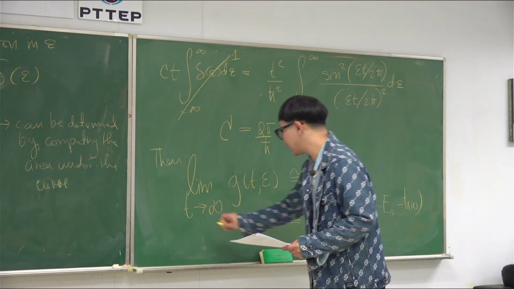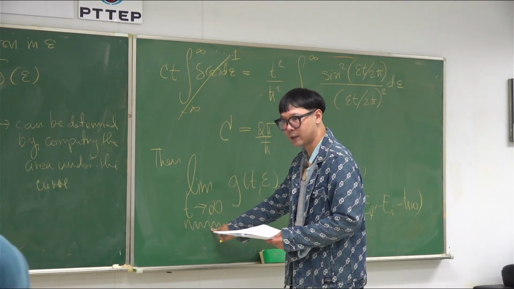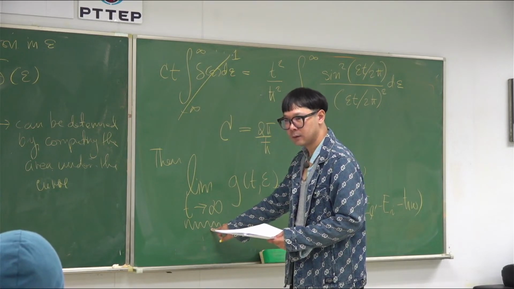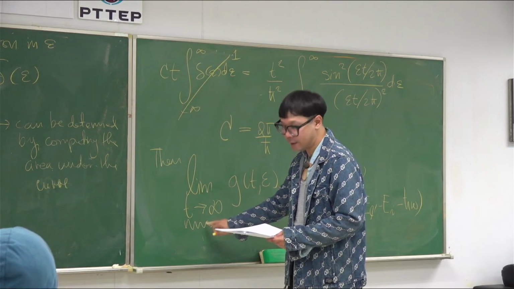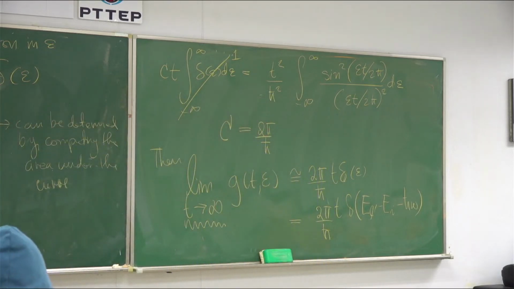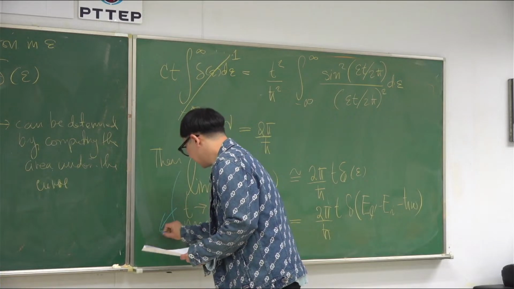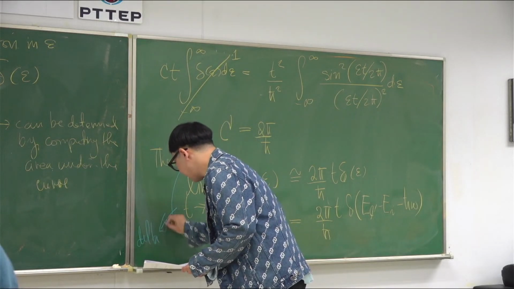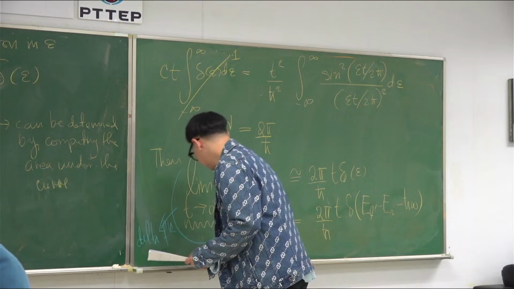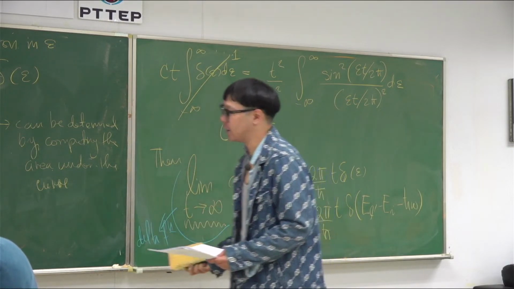Do you know the reason why we have to take this limit? Let's make a note that this limit gives us the delta function behavior, right? You have to understand why we consider this limit of this function.